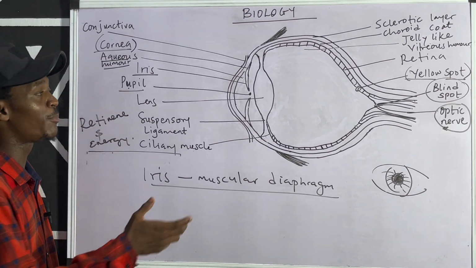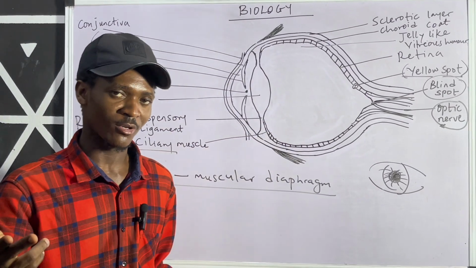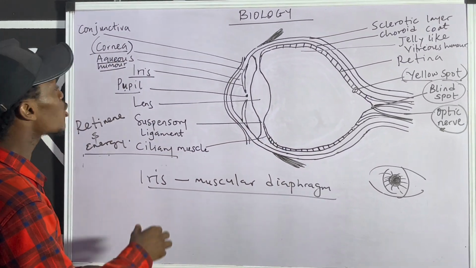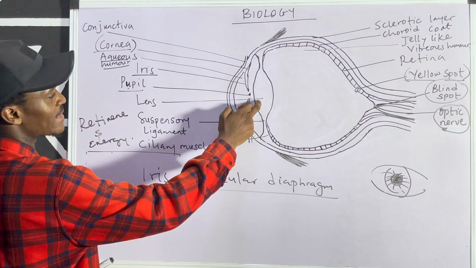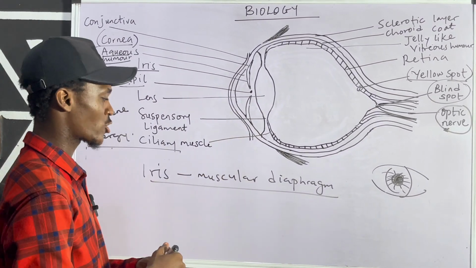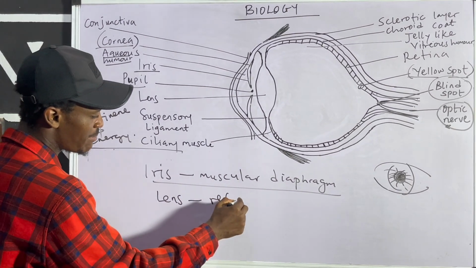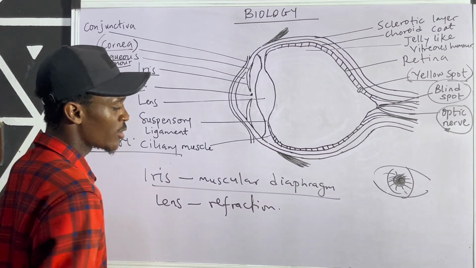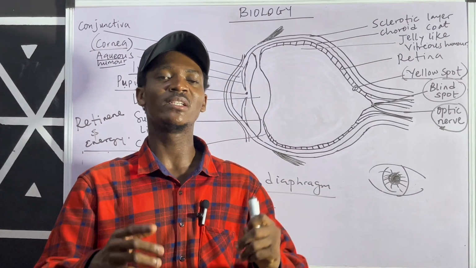So can I say that the pupil is the part through which light enters into the eyes? Of course, that is correct. So when the light enters through the pupil, what happens? The lens will now help in the refraction. When I say refraction, it simply means the bending of the light rays. So it refracts the light rays to where? It targets them to the retina.